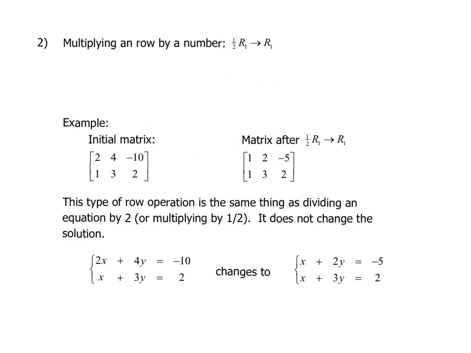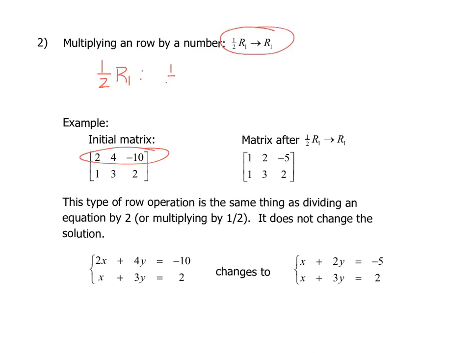Our second type of row operation is one where we multiply a row by a number, or we could think of dividing a row by a number. Both of those are the same. This row operation asks us to multiply row 1 by 1/2. So if we were doing 1/2 row 1, we're taking the numbers in our row 1 and multiplying each of those by 1/2.